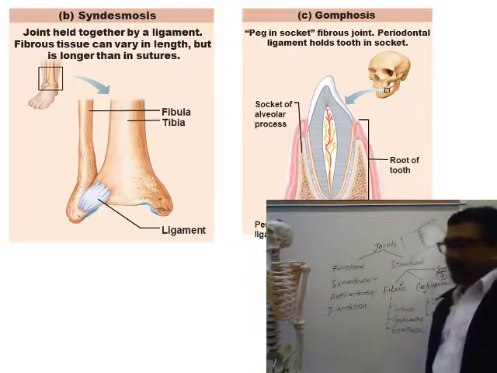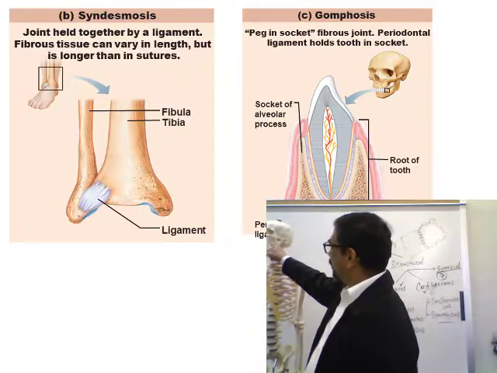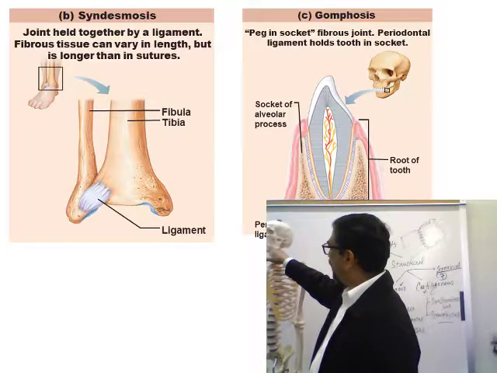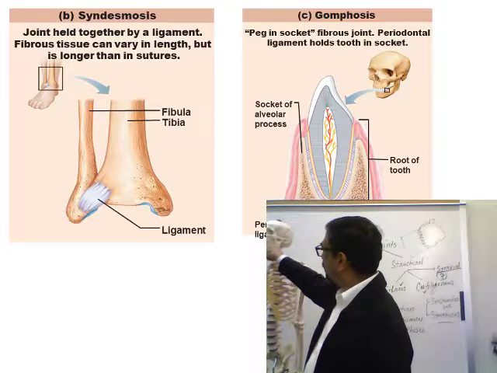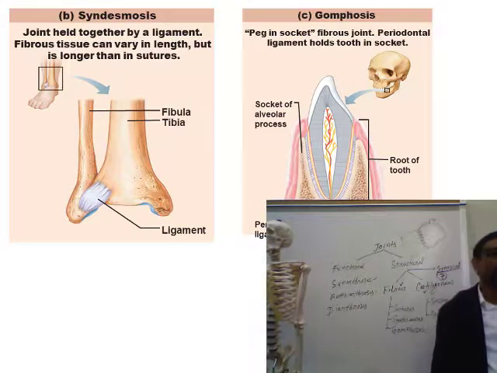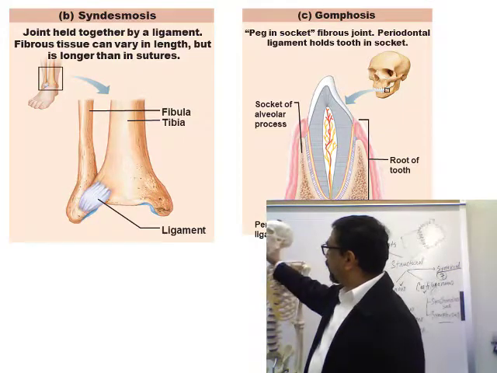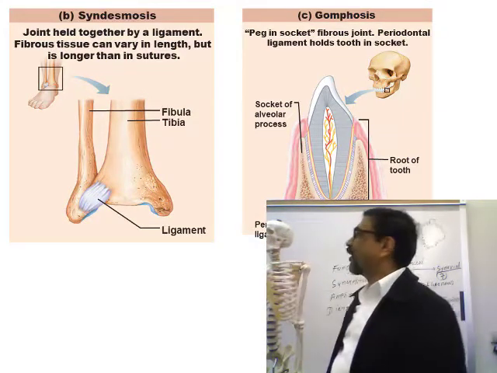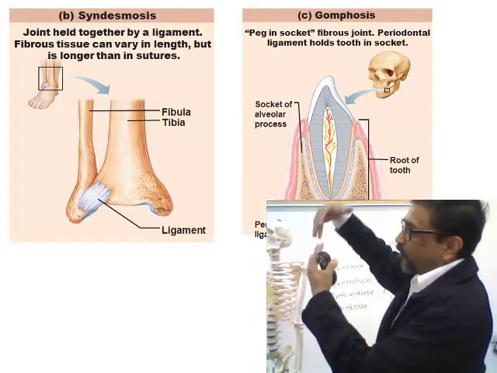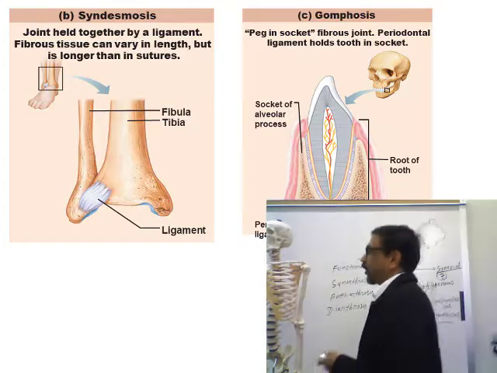Gomphosis. Only gomphosis is only present in the maxilla and mandible, where the teeth articulate with these two bones, upper and lower jaw. So, you know, in the mandible and maxilla, you have sockets, and the tooth goes inside that socket.